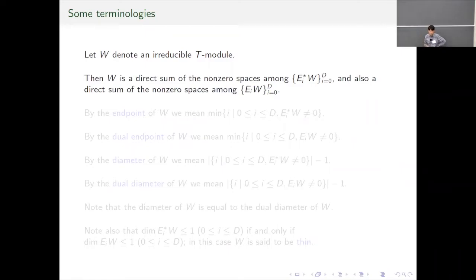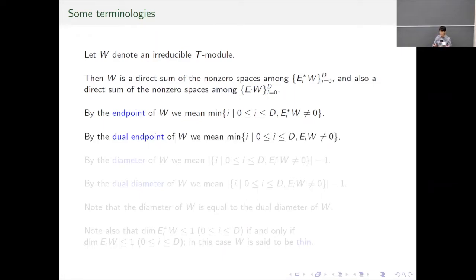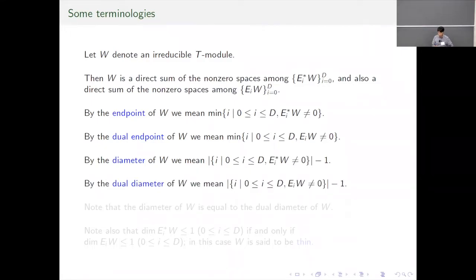So by the endpoint of W, we mean the minimum index i such that Ei star W is non-zero, and the dual endpoint is just the dual concept of the endpoint. And for the diameter, we just count all the subspaces Ei star W which are non-zero. And the dual diameter is defined similarly.